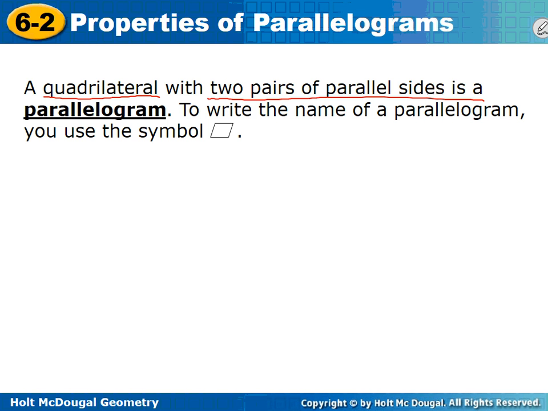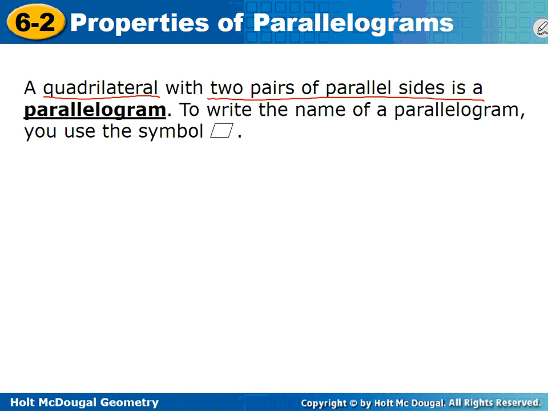The parallelogram is going to have 5 properties. You're going to have to memorize those 5 properties, but we'll use them over and over and over again, so hopefully it'll start to be really easy. What is something else that you know about the parallelogram besides opposite sides are parallel? Does anybody know anything else about the parallelogram? What do you think would be true about the opposite sides besides them being parallel?